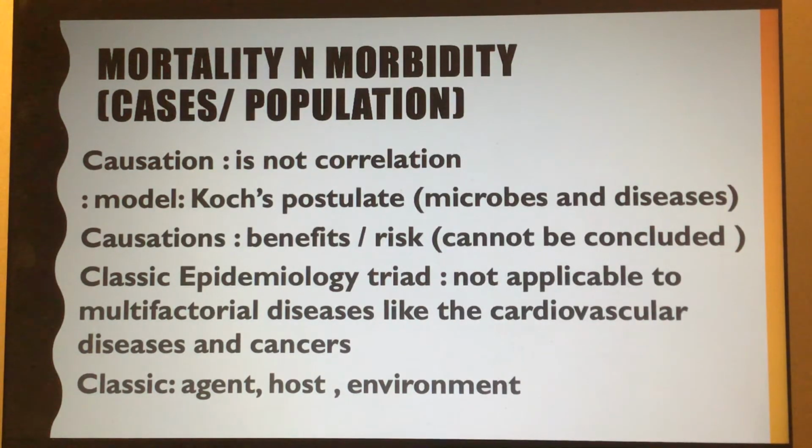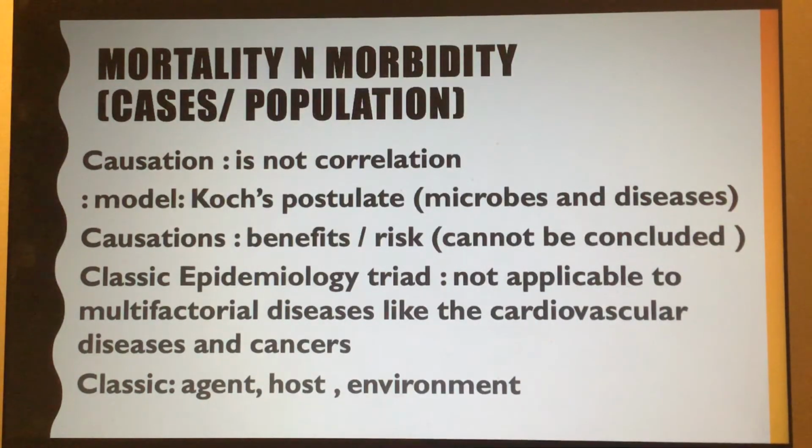The ancient model that we use to test causation is Koch's postulates. Koch's postulates describe the relationship between microbes and diseases. This means that you must have a microbe in order for the disease to occur. That is Koch's postulates. Causations can also be divided into benefit factors and risk factors.